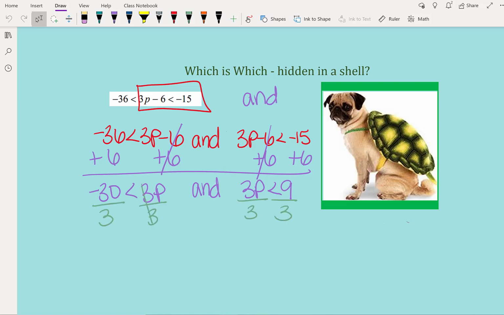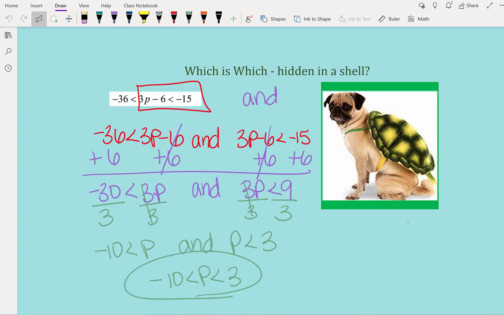And negative 30 divided by 3 is negative 10, is less than p, and p is less than 3. We can absolutely do this way, and then our final answer will be written as negative 10 is less than p is less than 3, which says that p is in between the values of negative 10 and 3.